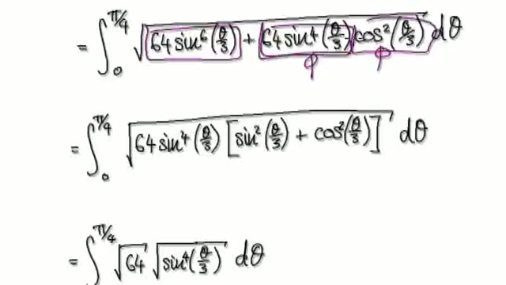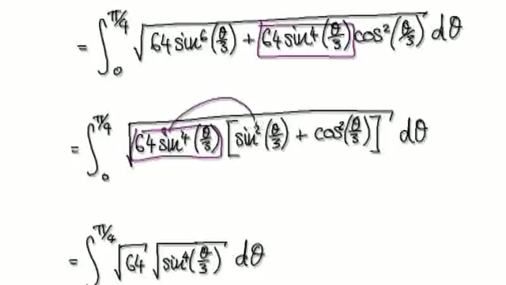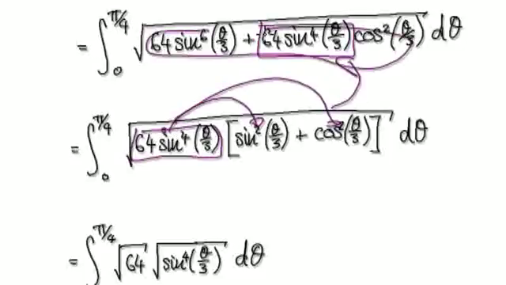So now factorize out this block. That will give you this. Factorize out this block here, because if you get this and multiply this and multiply this, that will take you back to here.